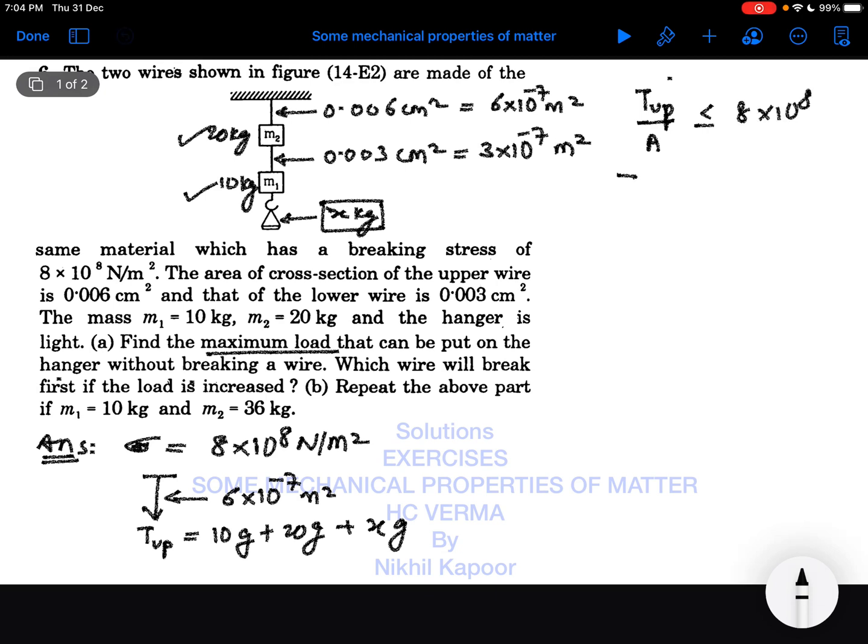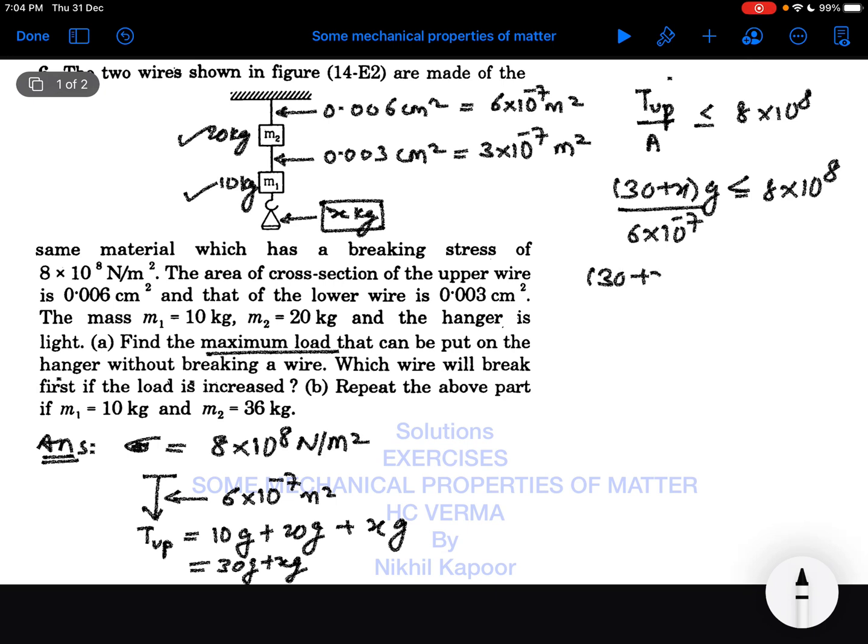So the tension in the upper wire, which is 10g plus 20g plus xg, that is 30g plus xg. So it will be (30 plus x) into g divided by the area 6 into 10 to the power minus 7, must be less than or equal to 8 into 10 to the power 8 without breaking.